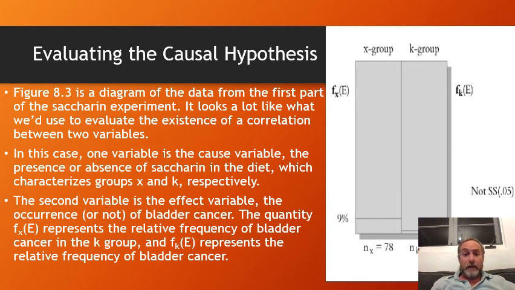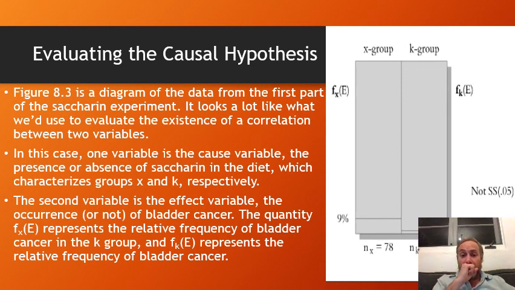Okay. So figure 8.3, which my head is over a little bit, is a diagram of the data from the first part of the saccharin experiment. Notice it looks a whole lot like the diagram we'd use to evaluate the existence of a correlation between two variables.